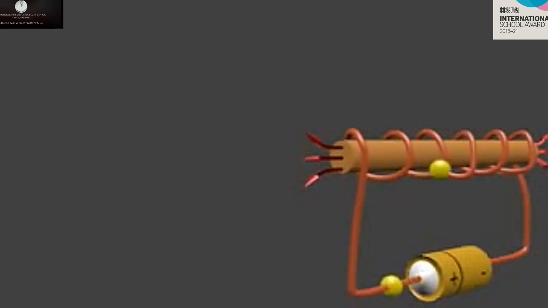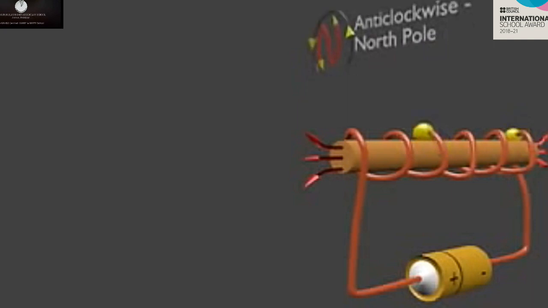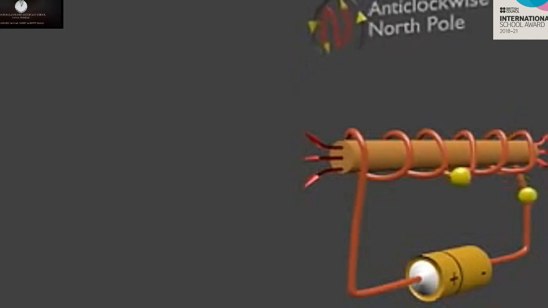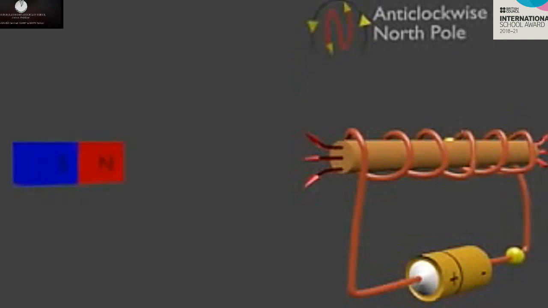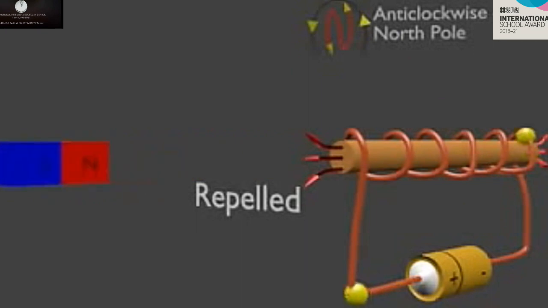Here, when the current is on, current starts flowing through the solenoid, and look at the direction of flow of current. It is moving in the anti-clockwise direction. So if the current is moving in the anti-clockwise direction, that end will be North Pole.